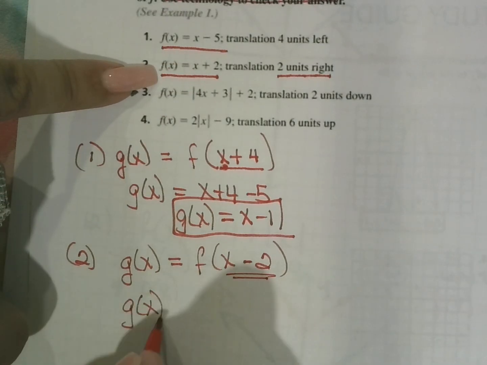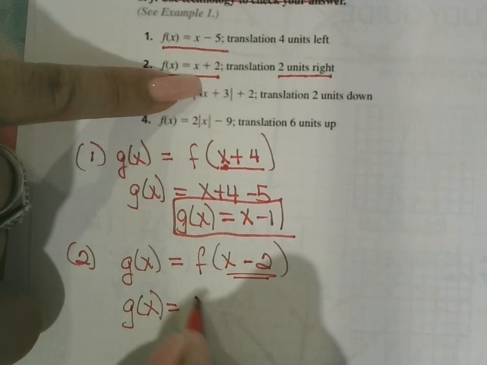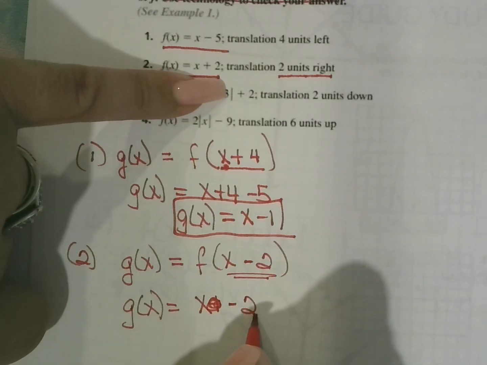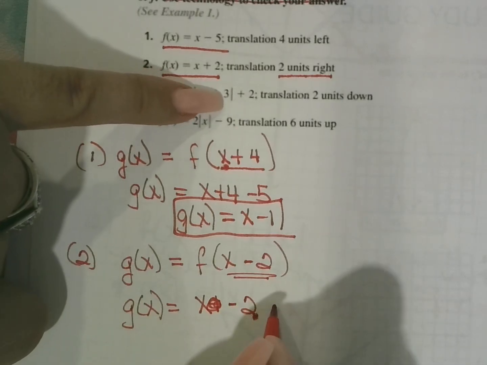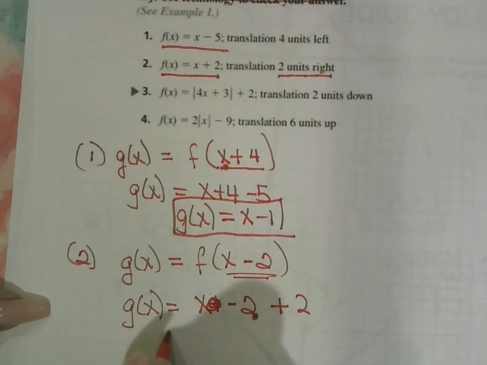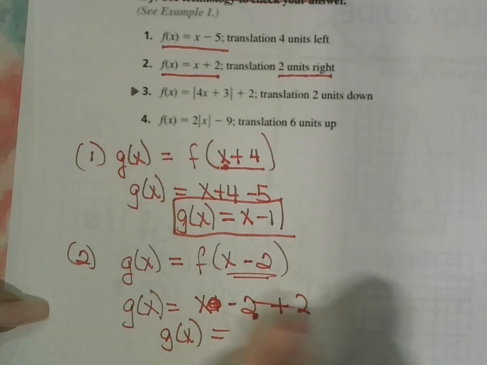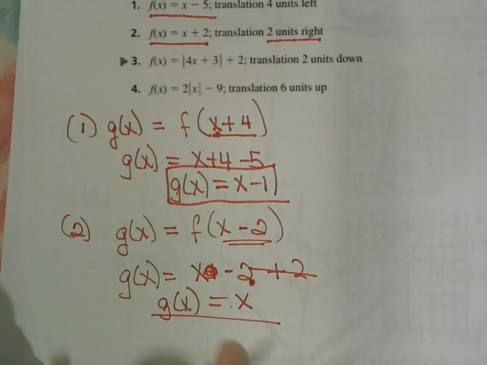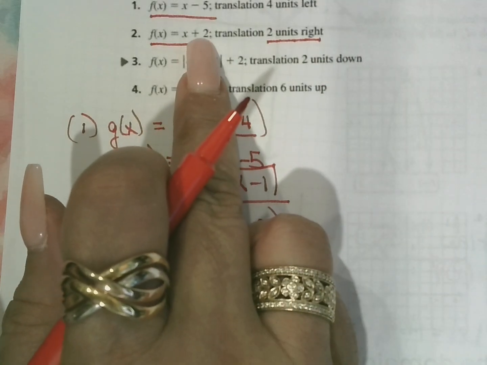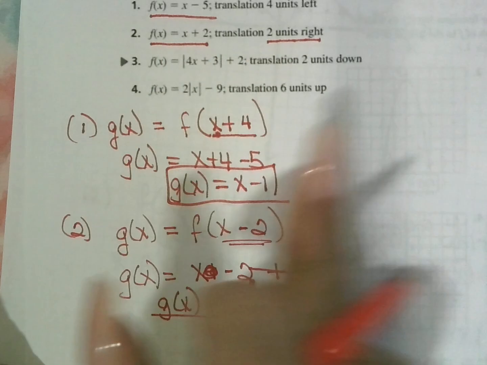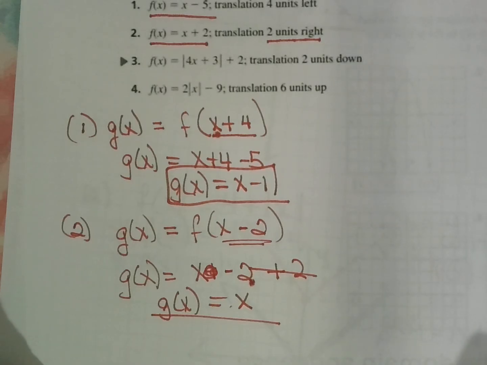So g of x equals x, but instead of x we put x minus 2. And plus 2. Don't forget that, because there's a plus 2 there. And this is going to cancel out, and so you're left with g of x equals just plain old x, which makes sense because this plus 2 means that it was shifted 2 units left. And if then I move it 2 units to the right, I'm going to wind up at the origin, right? Because negative 2 plus 2 is 0.